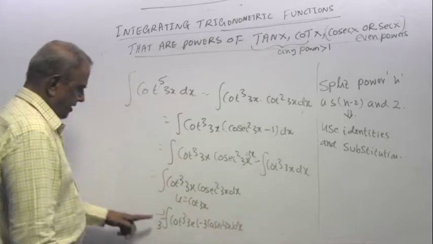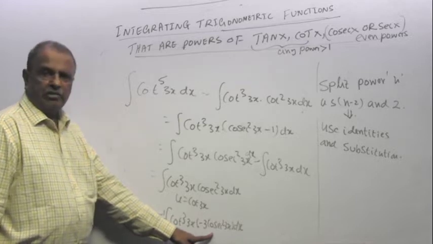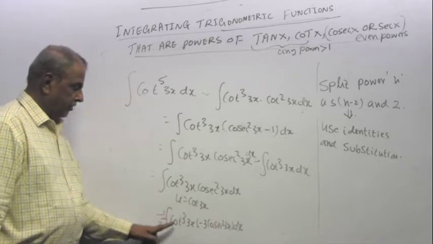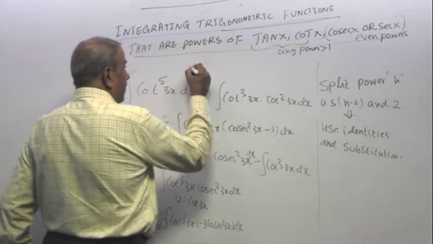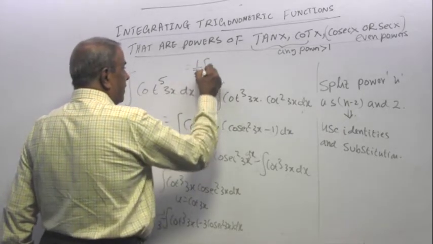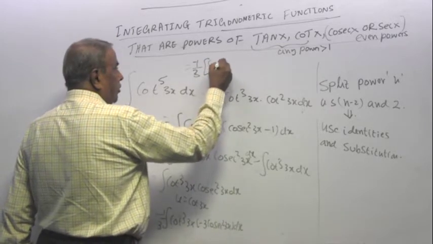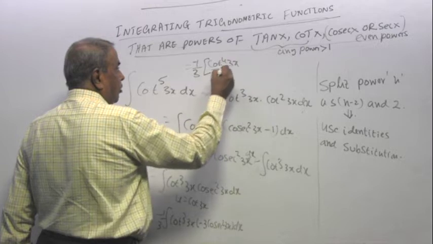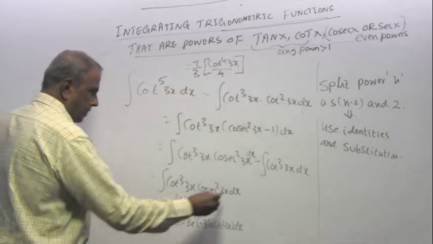Why? When I differentiate cot, I get minus cosec squared. So this is u cube du, u power 4 over 4. So that bit is minus 1/3 times cot power 4 3x over 4. That integration is done.